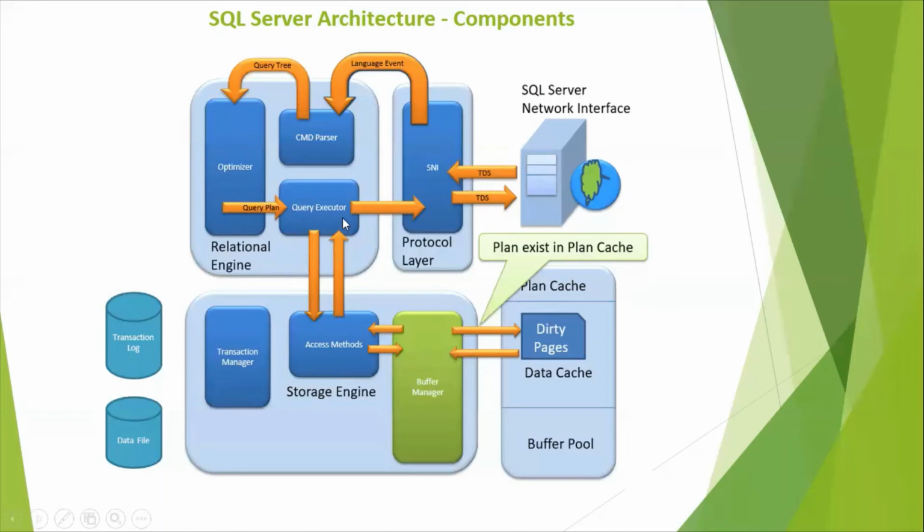The query executor is where exactly the query is executed and the data is fetched for the client, right? So the query plan is sent to the query executor, and the query executor will start executing the query. Just a high level, I will tell you until this point.